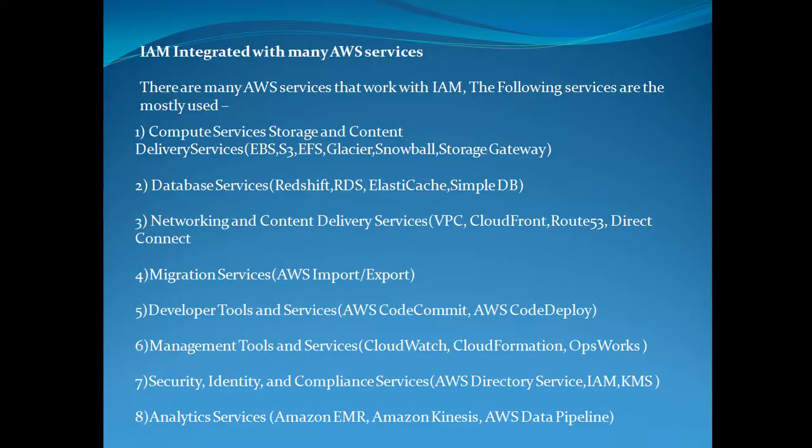Then, IAM is integrated with many AWS services. These are the list of services. One is compute service, then storage and content delivery service, which comes under EBS, S3, EFS, Glacier, Snowball, Storage Gateway. Database services like Redshift, RDS, ElastiCache, SimpleDB. The networking and content delivery services are your VPC, CloudFormation, Route 53, and Direct Connect.